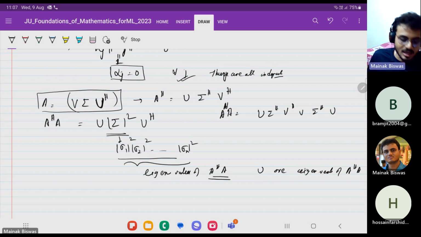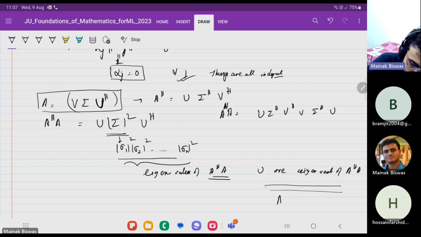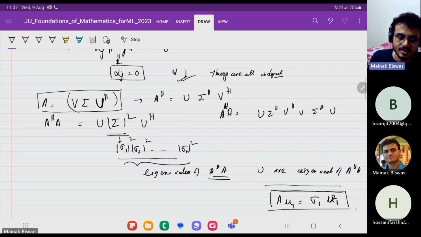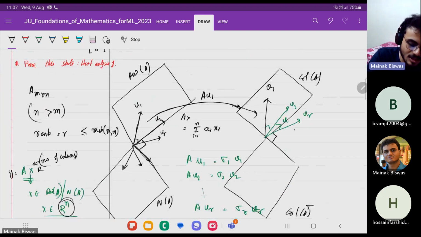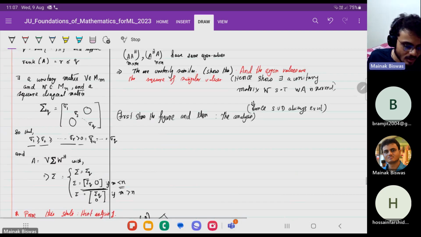But be careful, since the eigenvalues are squared here, the eigenvectors may not have the exact sign. So you must always use the equation A v_i equals sigma_i u_i to get the sign of the V_i's. Anyway, we will see in a short presentation why you can always get these perpendicular matrices.